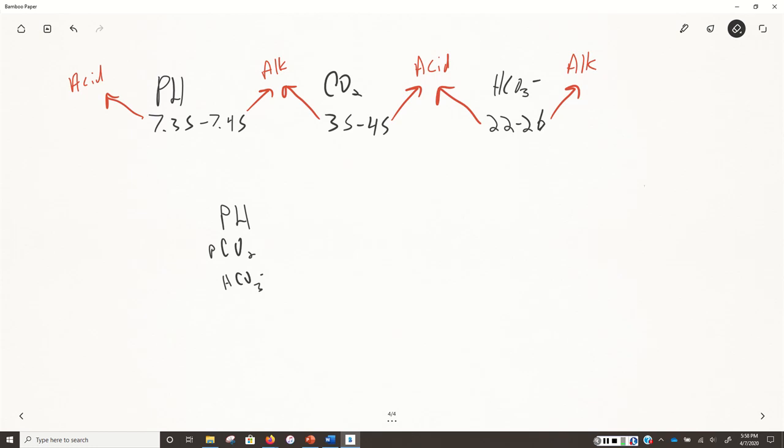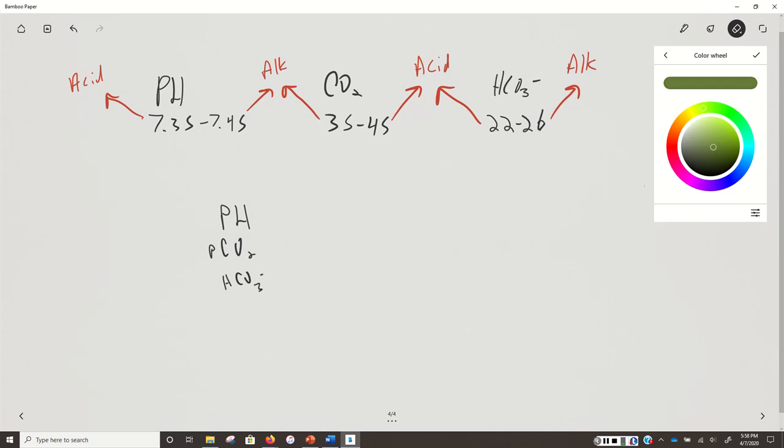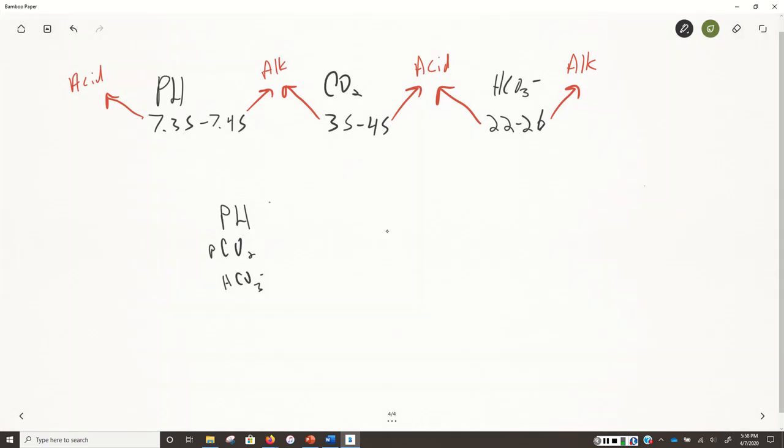All right, pH 7.41, CO2 40, bicarb 23. Go ahead and try this one on your own. And let's see what we get. pH 7.41. Well, that's normal. That's actually right within the range.